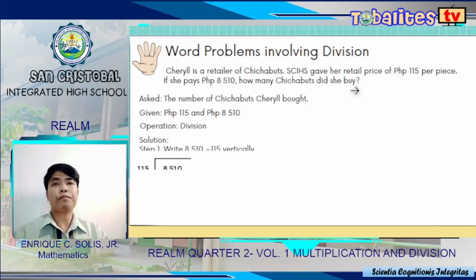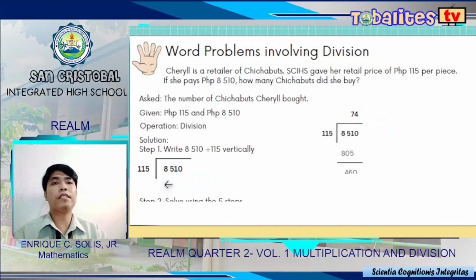Next. Step 1, write 8,510 divided by 115 vertically. So it is like this one. The next step is 8,510 divided by 115.